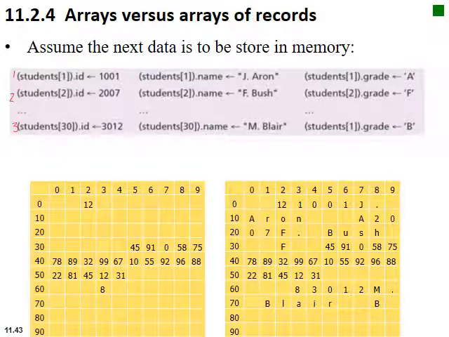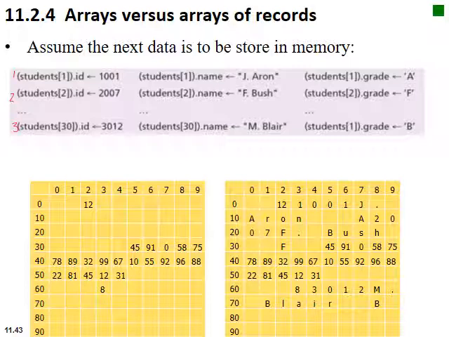So when these 3 records are read in, starting off with the first one, the entire record for students 1 needs to be stored next to each other contiguously.